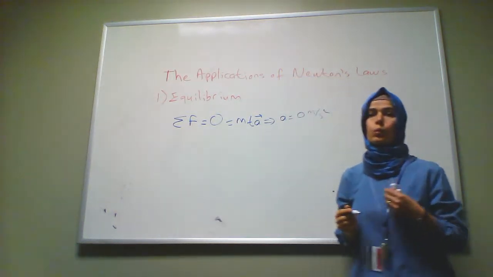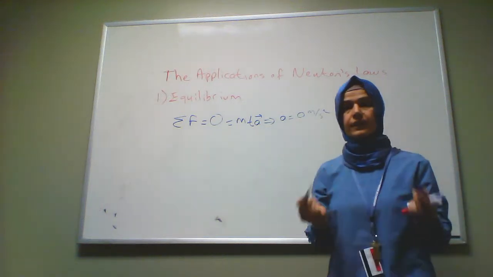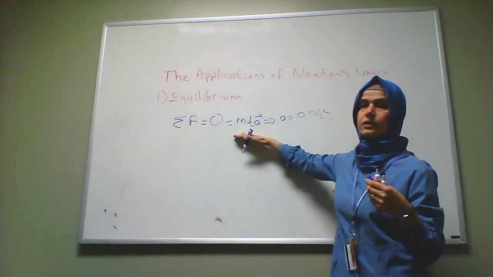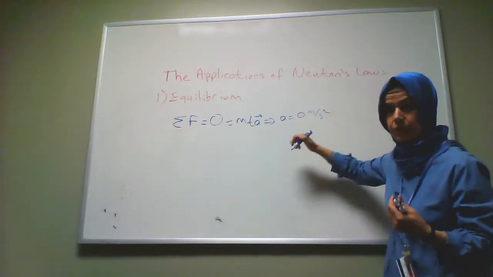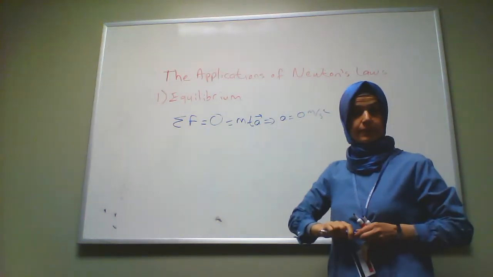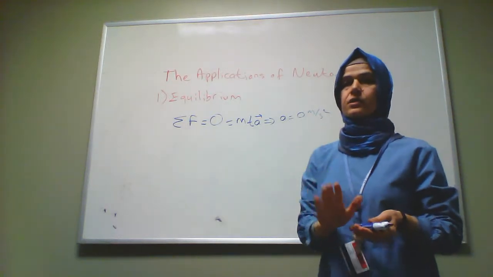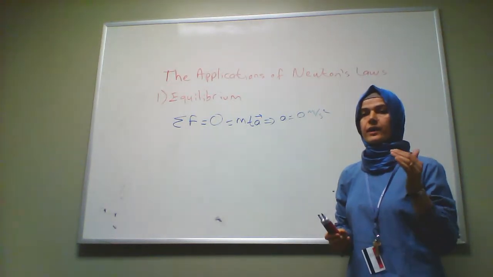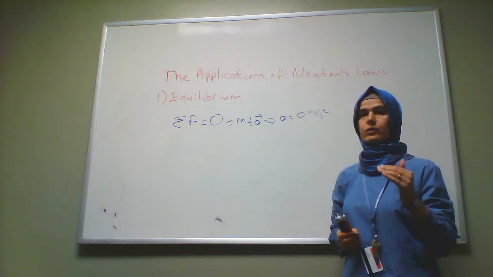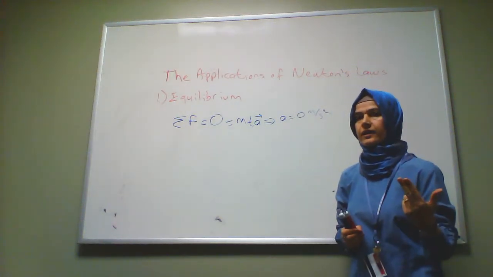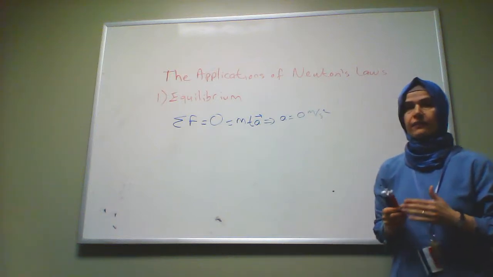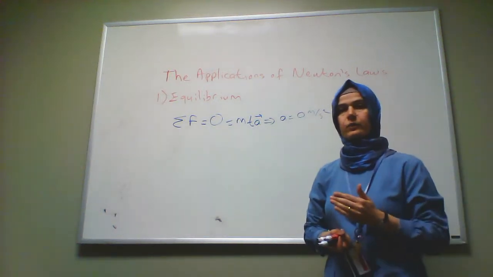So whenever we talk about equilibrium, it means the total force acting on the system is 0, thus the acceleration of the system is 0. Now if a system is in equilibrium, acceleration is 0 for sure, and when acceleration is 0, a system could be moving at a constant velocity or be stationary. Don't assume that if a system is in equilibrium, it will be stationary.